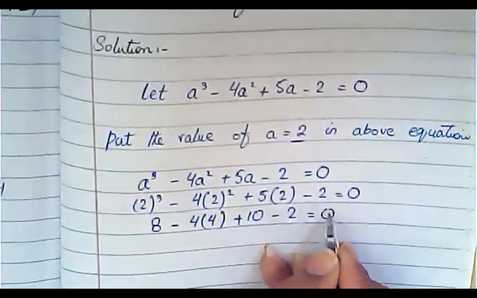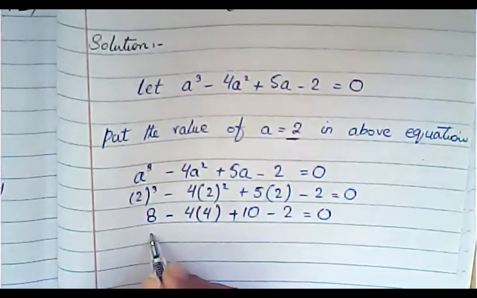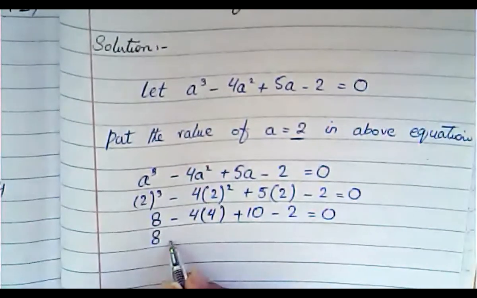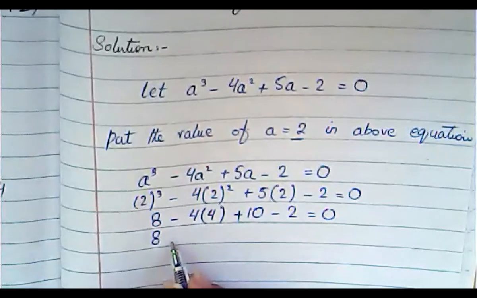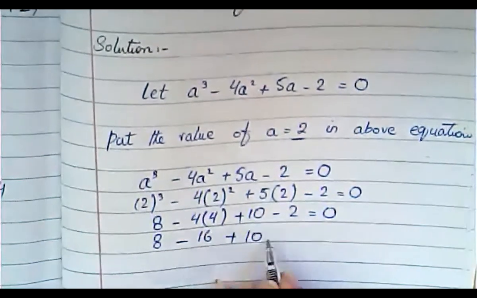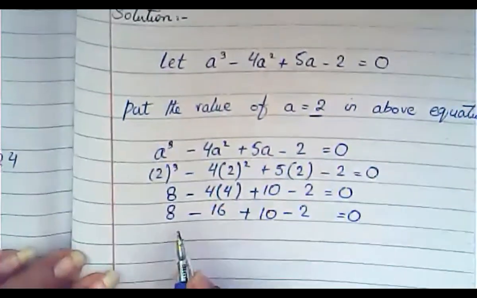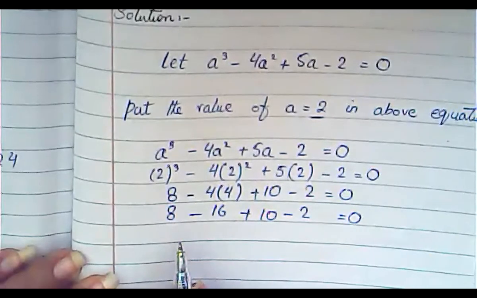Minus 2 is equals to 0. Now what it will be? 8 minus 16 plus 10 minus 2 is equals to 0.